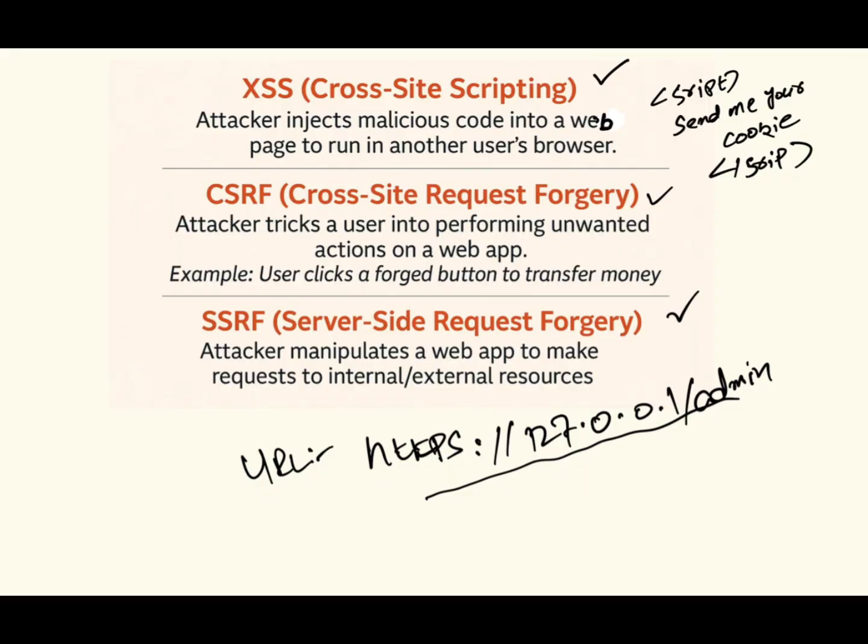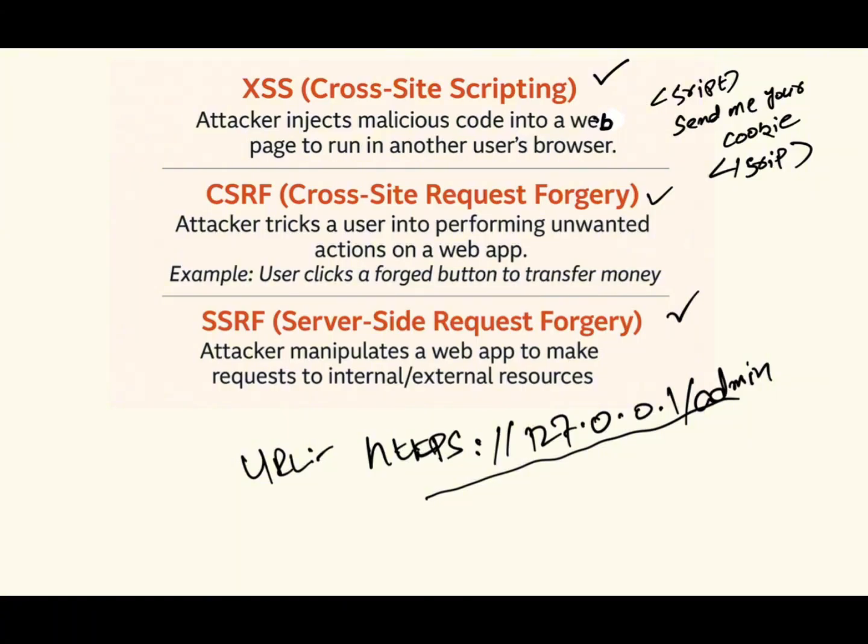In this attack, SSRF, server-side request forgery, the server becomes the attacker's puppet. The attacker cannot reach inside, so the server reaches inside for them. These are important things we should know for the CISSP exam.